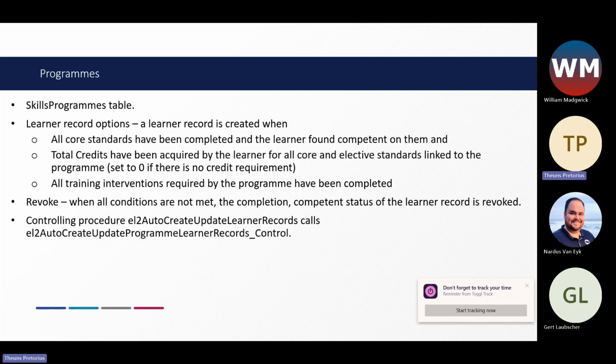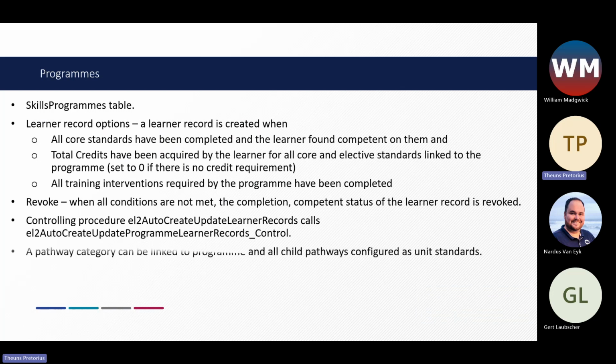So I've quickly shown you EL to auto create, update program, and records control. Interesting, but we'll cover that in some of the next module masteries. A pathway category can be linked to a program.